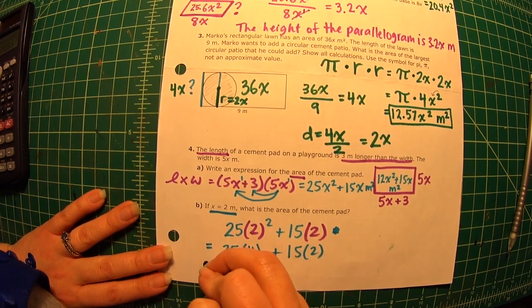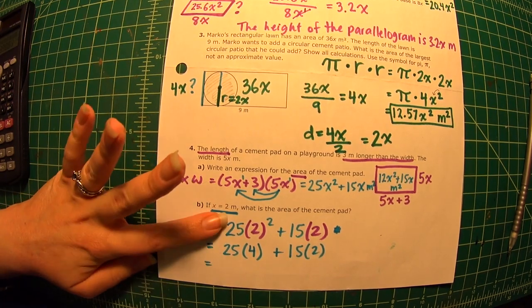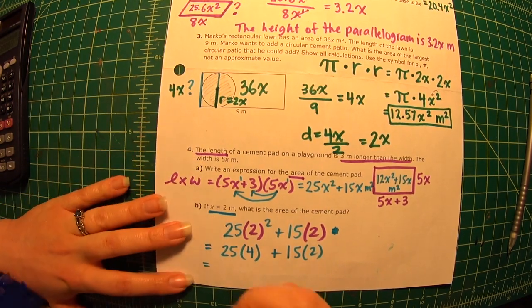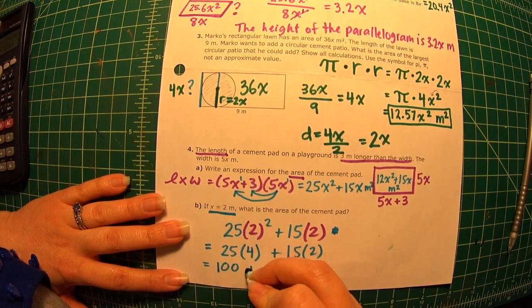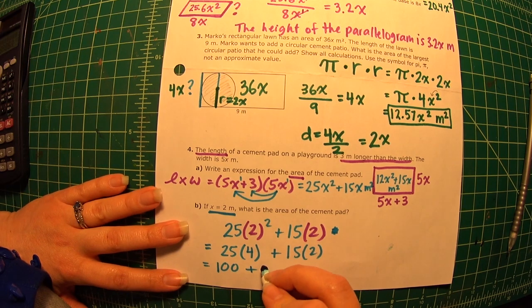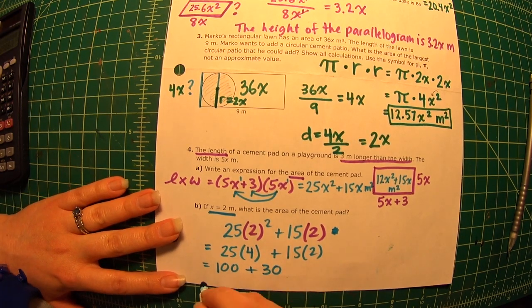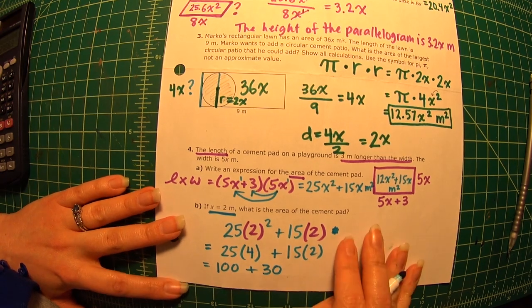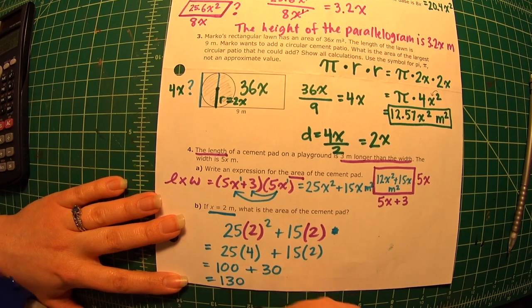Okay, so now multiplication. So 25 times 4, well, that's easy to work with. 25, 50, 75, 100. You know, think of 4 quarters. And then 15 times 2, 30. And now finally, last step in my BEDMAS would be addition. So add this up, 130.